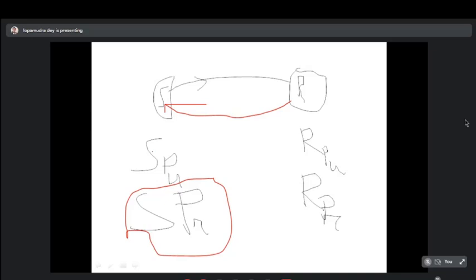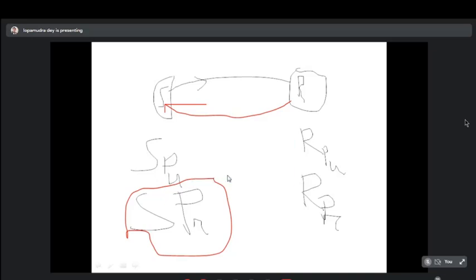So this is how asymmetric key cryptography works. If you want to send any data, you first ask that person to give their public key, then encrypt the data with it, and it is decrypted with the help of the private key. This is the concept of asymmetric key cryptography.